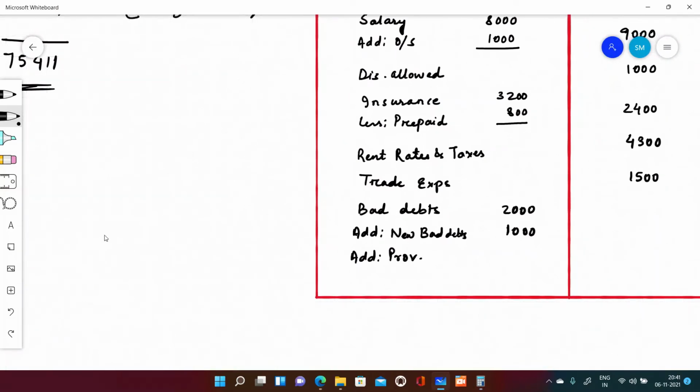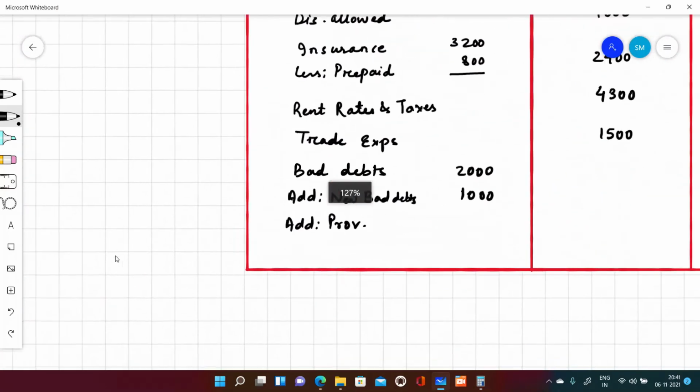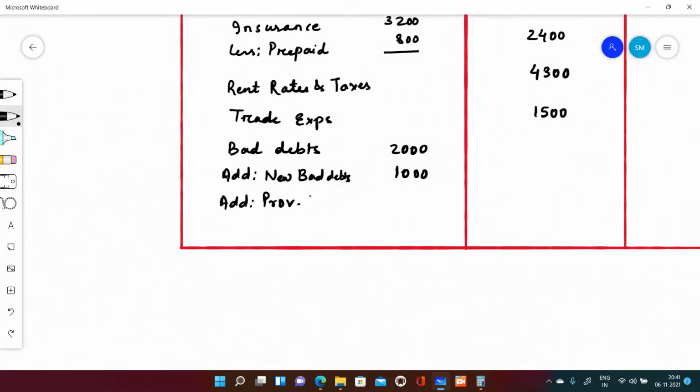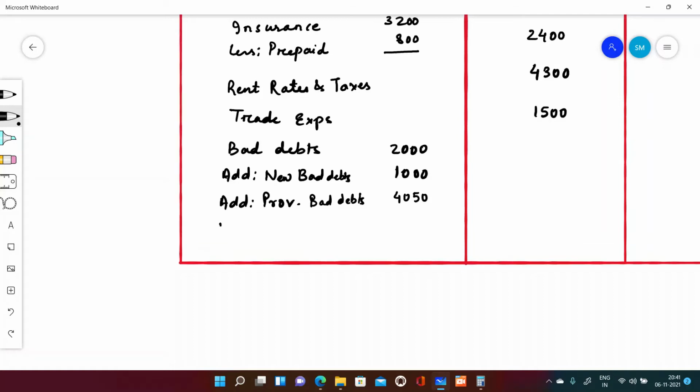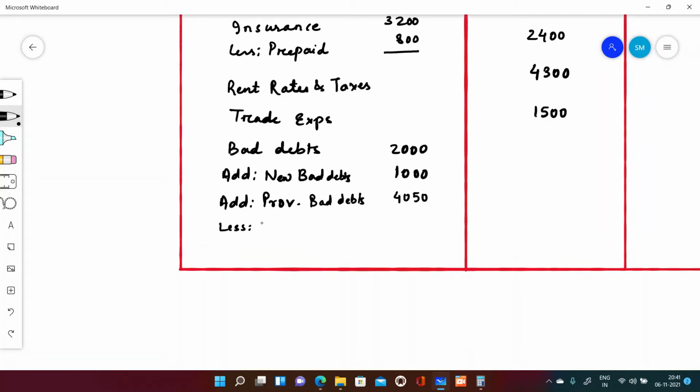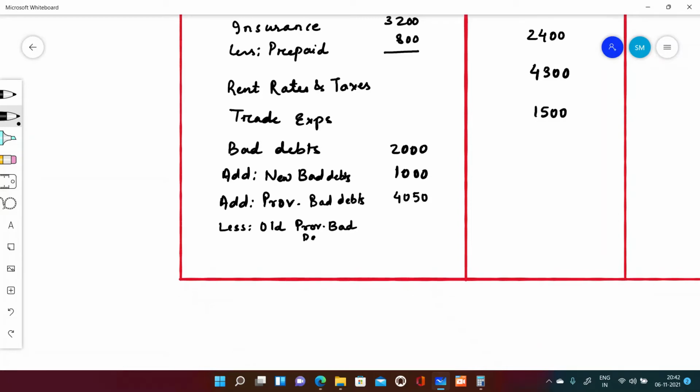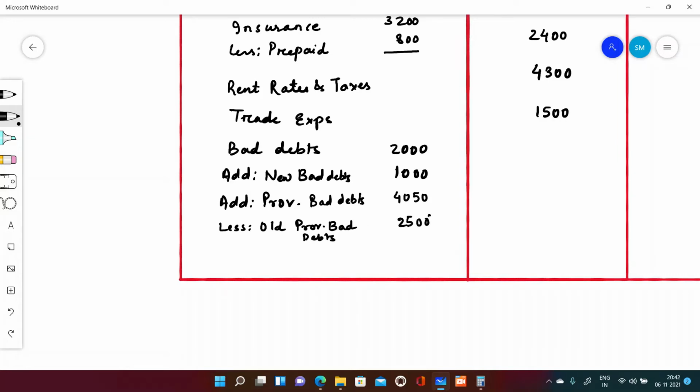So here provision for bad debts we have calculated. So provision for bad debts is now 4050. Then less, now in credit side, see, old provision is there. So you have to deduct this old provision from the new provision what you have created now. So old provision for bad debts, that you deduct from new provision. So you have this 2500.